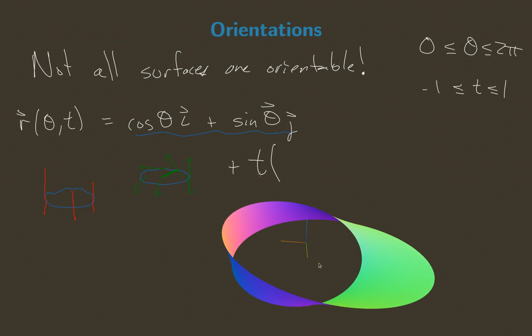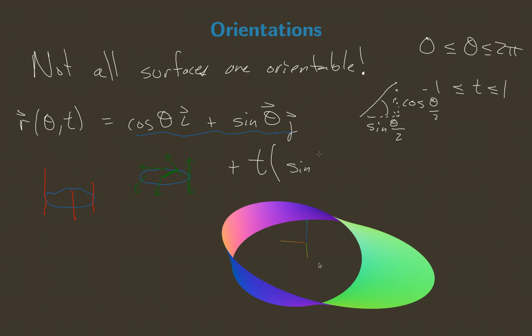So if the tilting is like this, if I want it to start upwards, then I'll put cos theta and sine theta here. But actually theta is where I'm moving around. If I want it to do exactly one twist as I go all the way around, then I should divide this by 2.